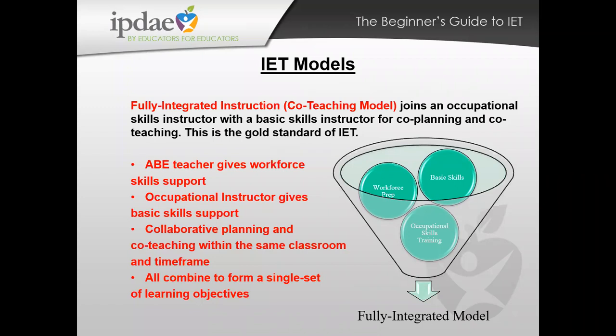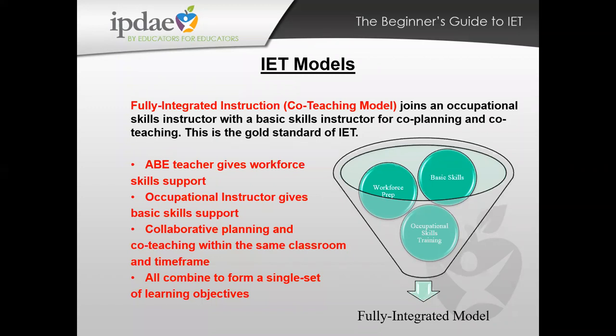This will bring in the ABE teacher to give workforce skills support. So the ABE teacher is not just talking about academics and language, but they're also supporting with some of those basic occupational skills. I do want to flip this a little bit too, though, because it is important to be aware that the heavy lift is not only on the adult education teacher, it also lands on the CTE teacher. So we have the adult teacher, they're supporting those occupational skills learning objectives.